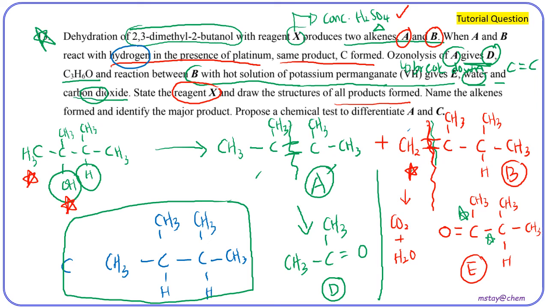When you look at structures D and E, you can also double confirm: if D and E are correct, A and B will also be correct, and then structure C will also be correct. They are related to each other. So we already finished up to here, and the second part will be continued in the next slide.